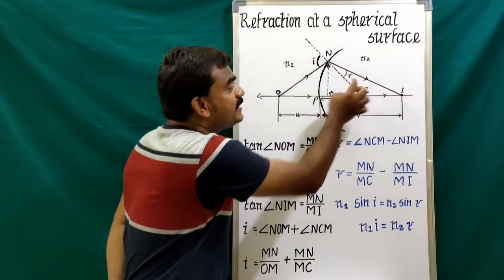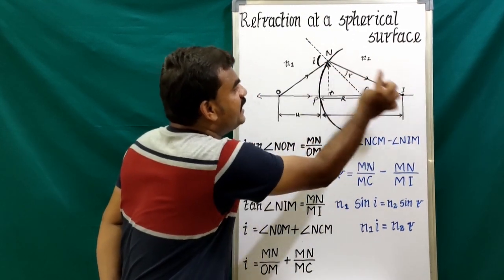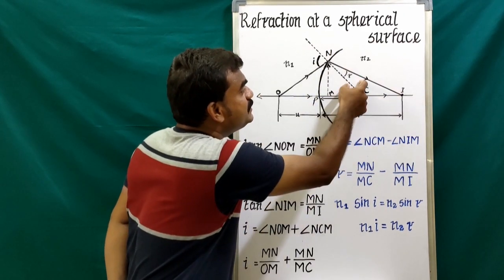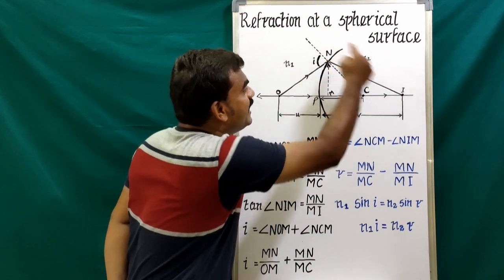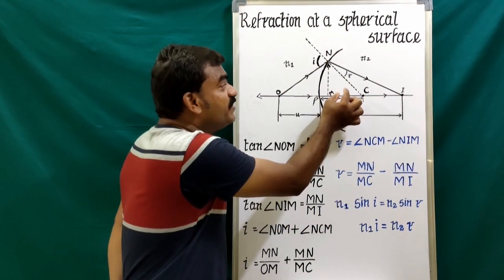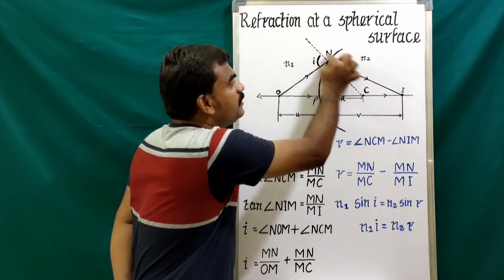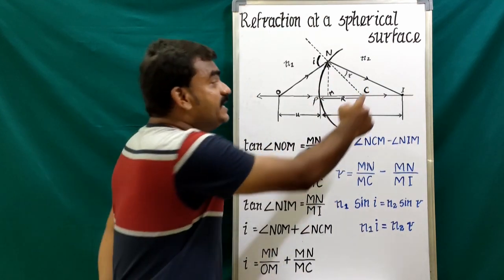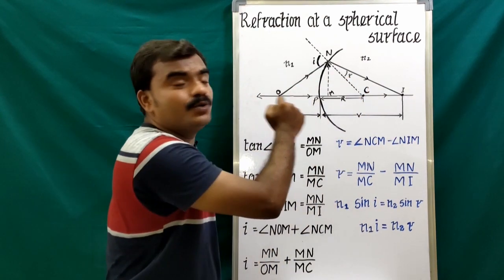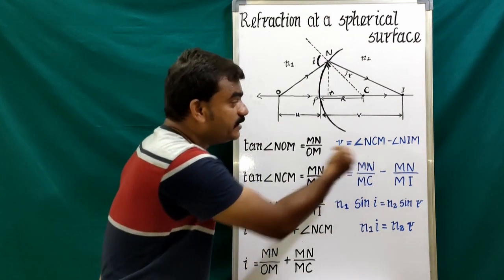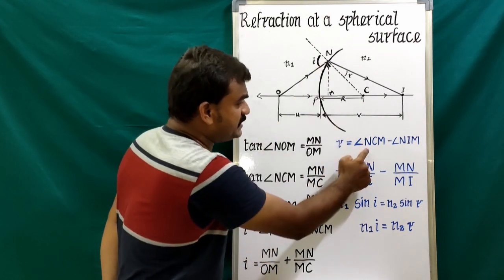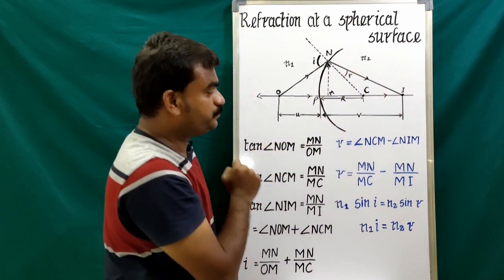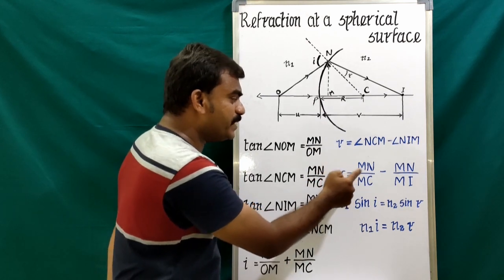See, these two parts, NCM plus NIC, combine to form NIM. So if we subtract this part from this part, surely we will have NIC. Inside this part only we can find the angle of refraction. That's why we have written NCM minus NIM.